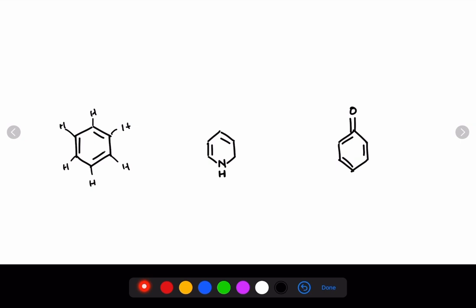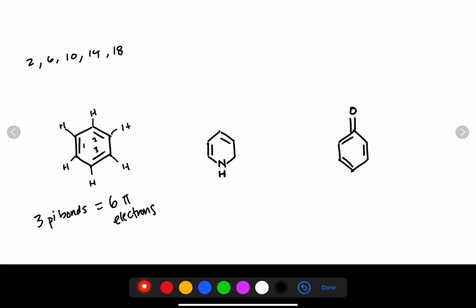There are 3 pi bonds in this molecule, which means that we have 6 pi electrons that are delocalized throughout this conjugated loop. 6 pi electrons does fall into that sequence provided by Huckel's rule, right there. So all 3 checks are met, and this molecule is thus aromatic.